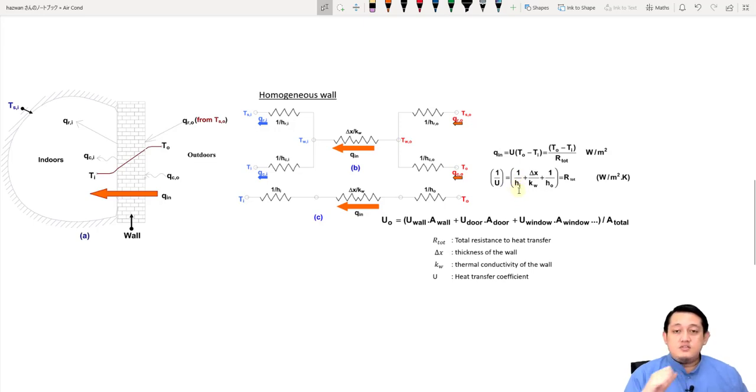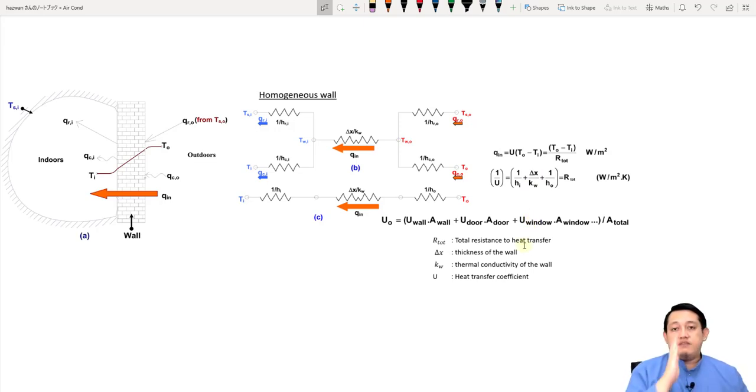Hi here is not enthalpy. Hi here is the surface heat transfer coefficient of the inside, plus 1 over H outside, plus delta X over KW. Delta X is the thickness of the material.